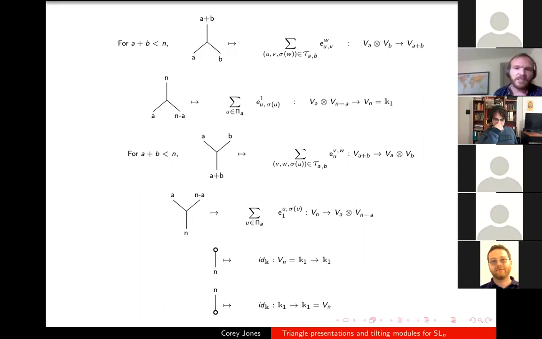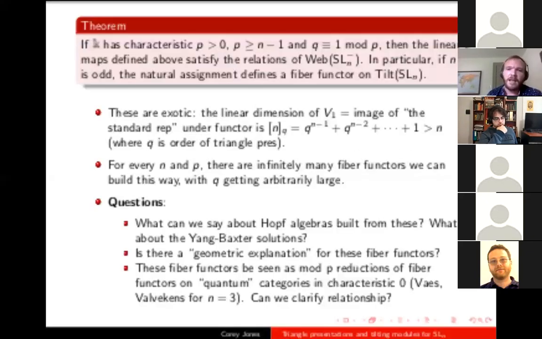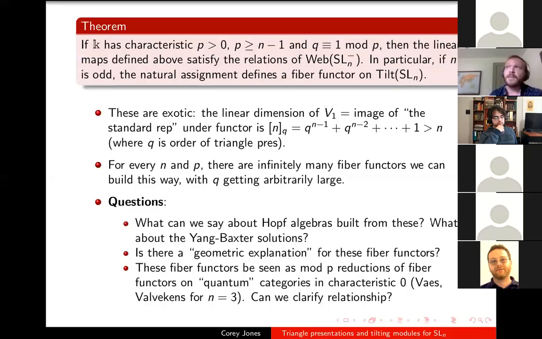This is some nice semisimple rigid C-star tensor category, and it defines a compact quantum group under Tannaka-Krein duality in that case. And they were studying these because their discrete duals are the first examples of Kac type quantum groups with property T, and so they give you property T von Neumann algebras, and so they're very interesting, and you use this categorical version of property T to prove this. And so I was looking at these things, and I noticed that when you reduced their thing mod P, you ended up with SL3 relations.